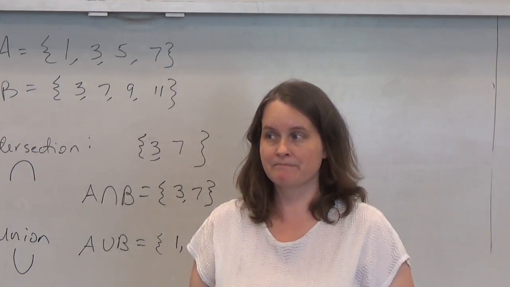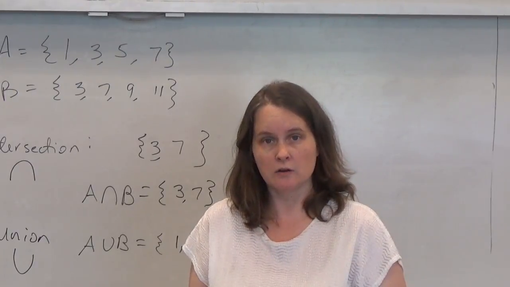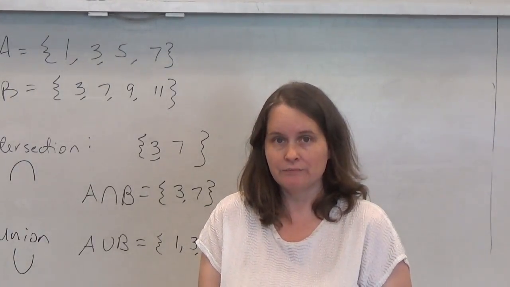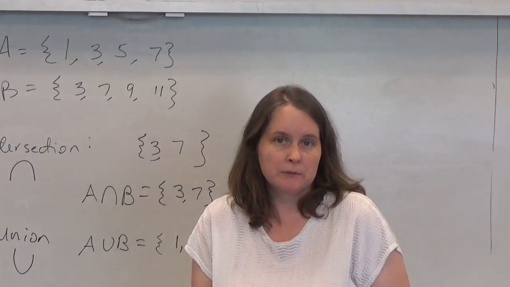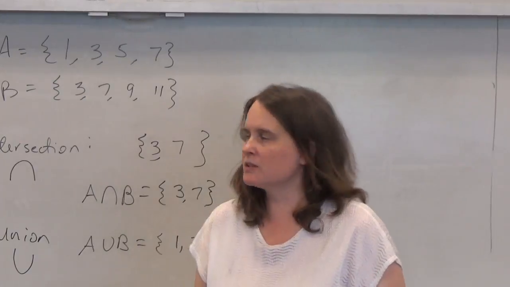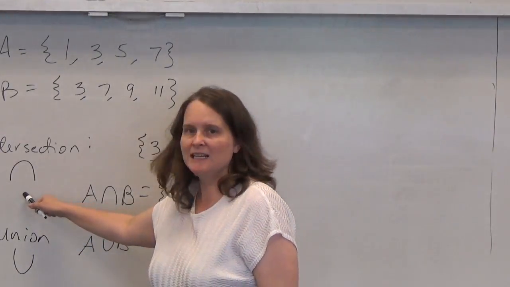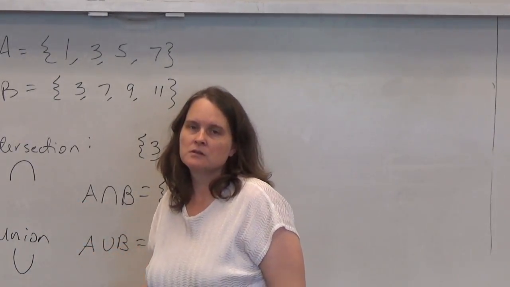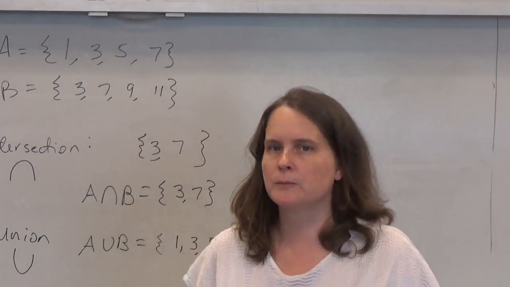Intersection, if a couple is just intersecting one another, they're only sharing a little bit. They're not sharing very much. Also the symbols: that looks like an N and that looks like a U. So hopefully that'll help you to keep it straight.